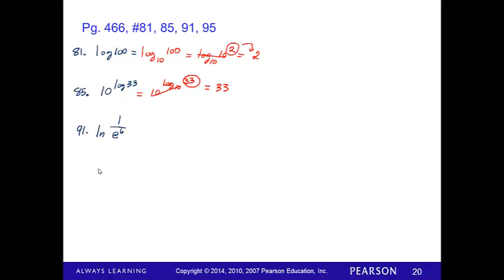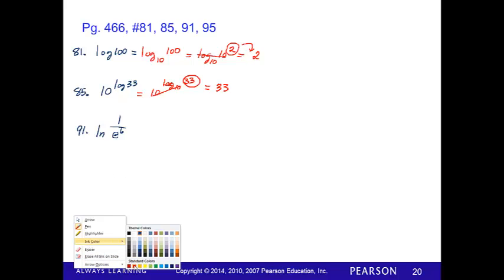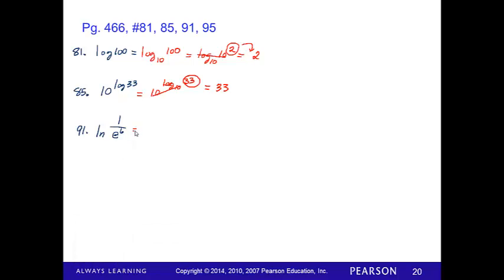So the first thing we need to do, we need the argument to be in our numerator just like before. So that e to the 6th power needs to come up, which means now we have the natural log of e to the negative 6th power. When you move from the denominator to the numerator, you leave the e alone, and the 6 becomes a negative. And then the natural log and e, they're inverses, so they cancel each other out, and you're left with just the negative 6.